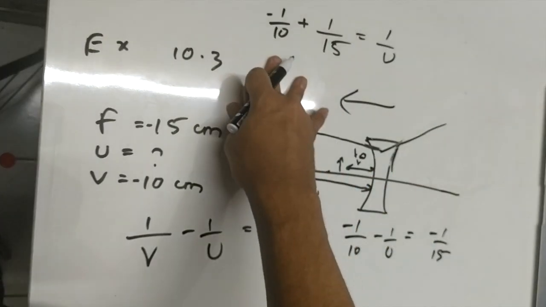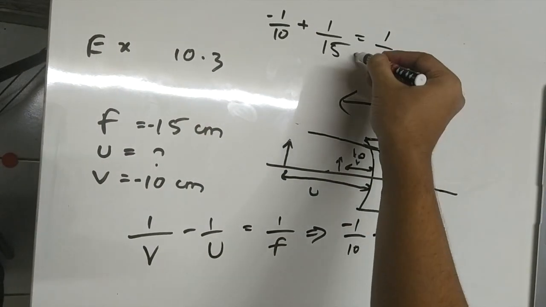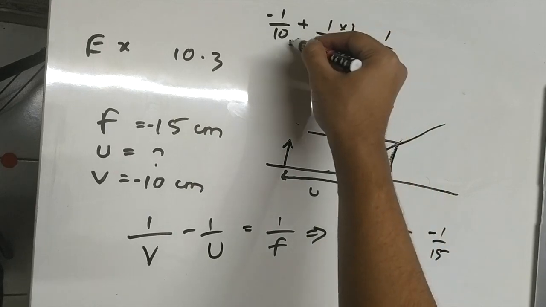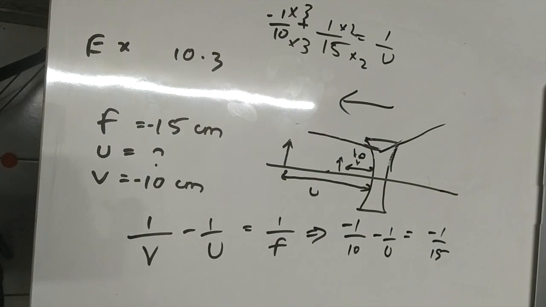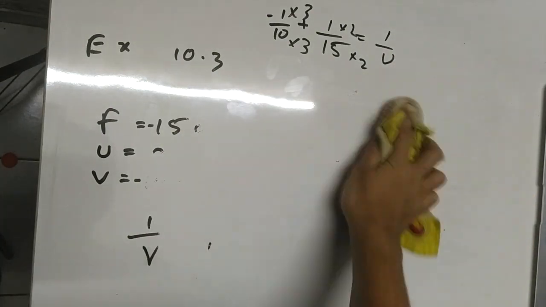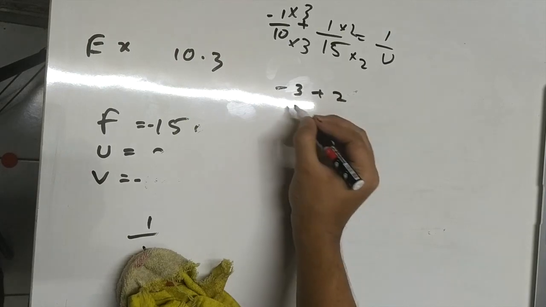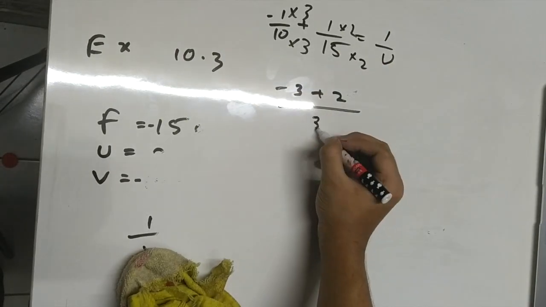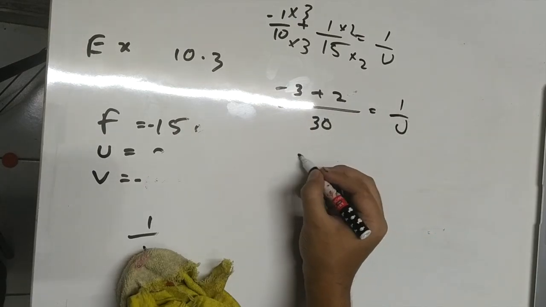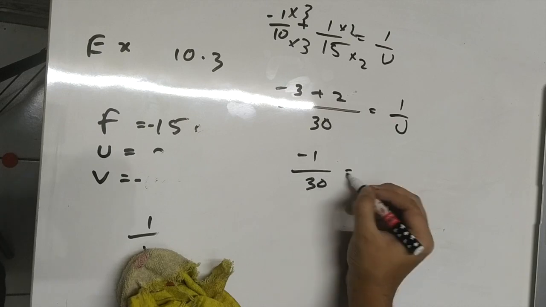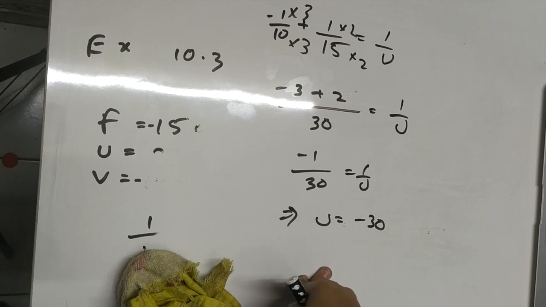It is 2 into 3 into 5, which is 30. So then we will get minus 3 plus 2 divided by 30 is equals to 1 by U. Minus 3 plus 2 is minus 1. Minus 1 by 30 equals to 1 by U, implies U equals to minus 30. It means where the image will be formed?